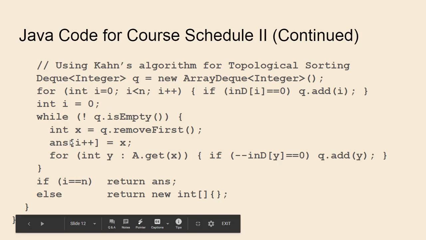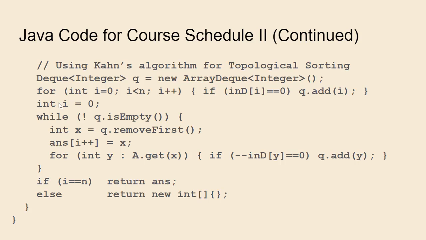If I use an array list instead of an array, I don't have to use this variable I. But I prefer an array to an array list whenever I can, because it uses less memory and is slightly more efficient.